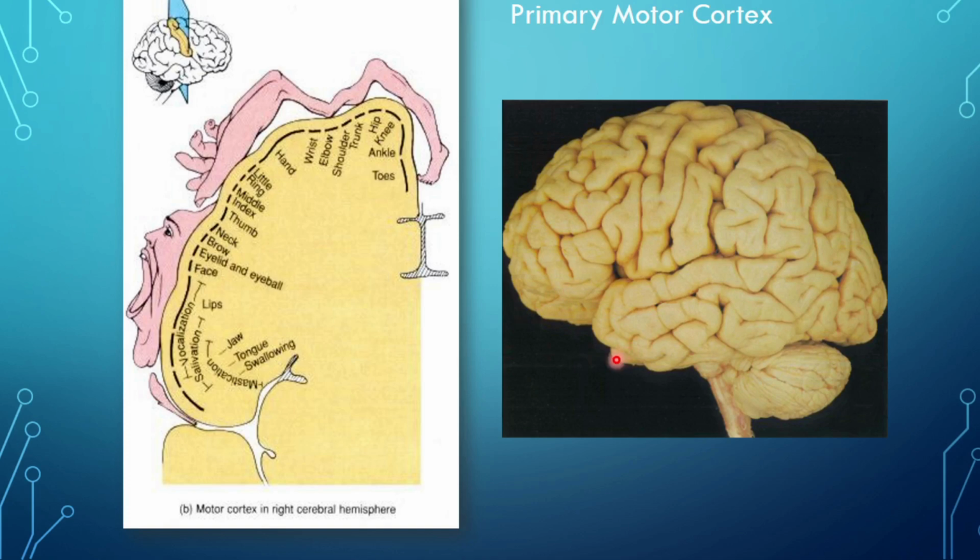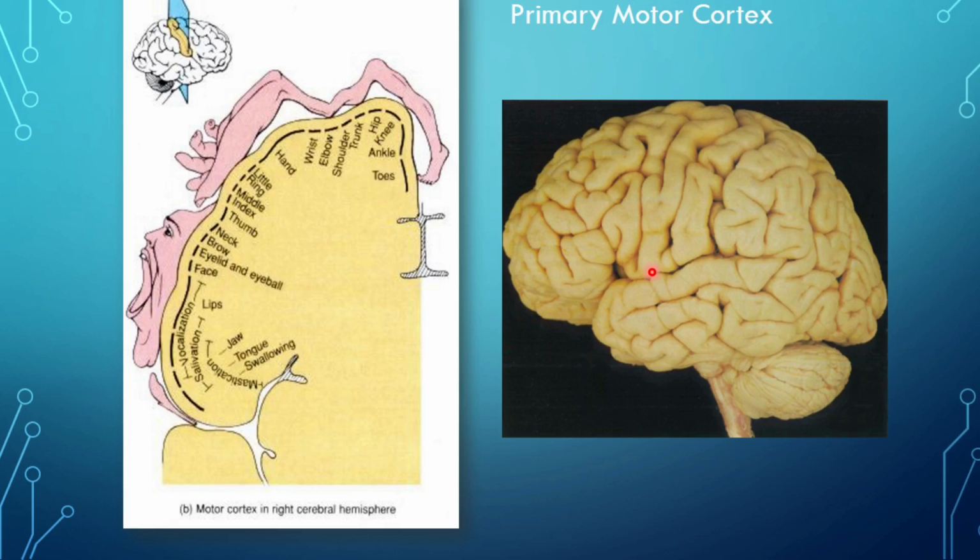And actually the primary motor cortex is found in this little strip here. This is the precentral gyrus, or the primary motor cortex, or the primary somatomotor cortex. There are lots of different names. It doesn't matter what you choose, just choose whichever one you can remember and go with it.